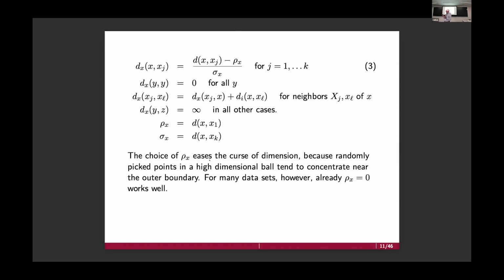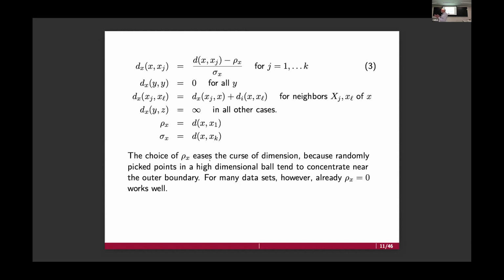The reason is that in high dimensions, if your sample points from a ball in high dimensions, they're typically close to the boundary of the ball, because of the volume expansion. And so therefore you want to normalize that a little bit to handle the curse of dimensionality.